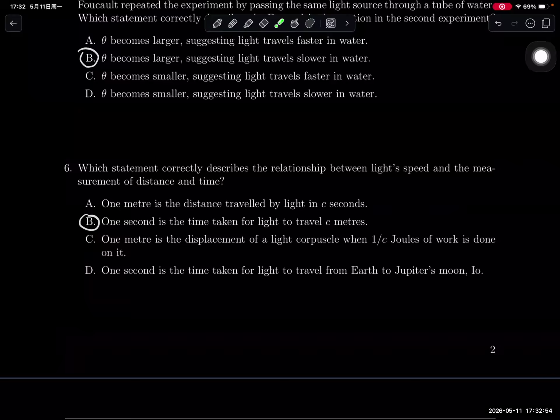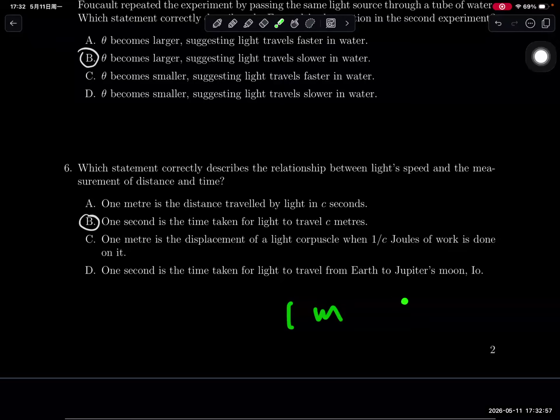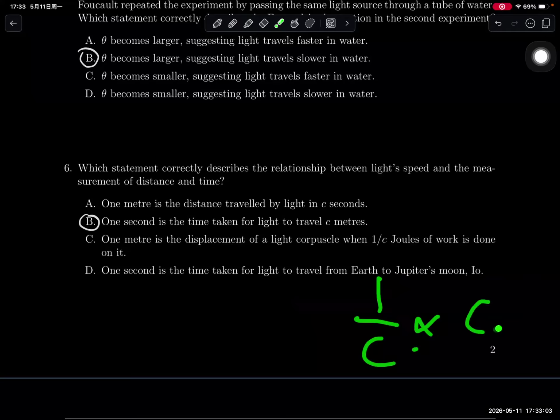So now we say 1 meter is the distance light travels in a duration of 1 over c seconds. So that times the speed of light equals 1 meter. Okay, so 1 second is the time taken for light to travel c meters. It's just the reverse way to say that. Does that make sense?